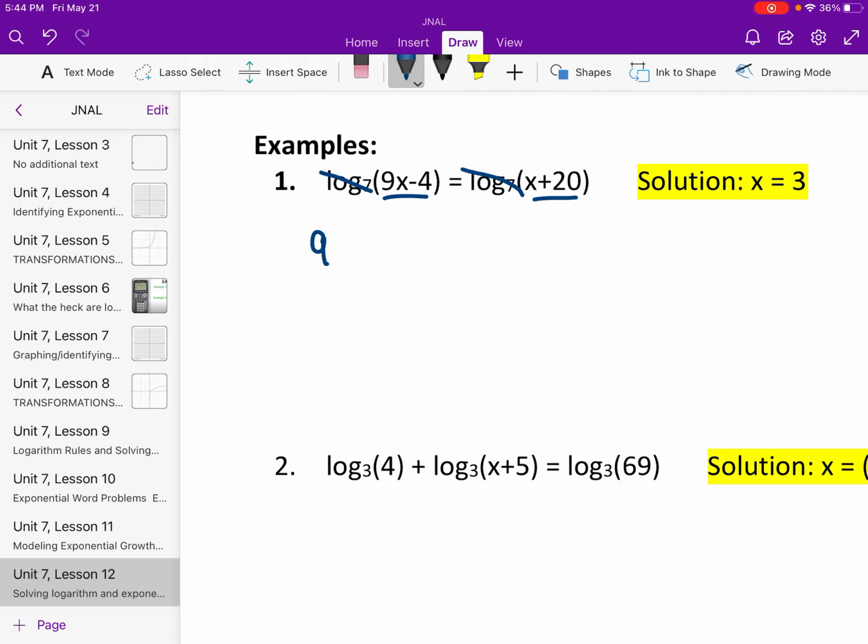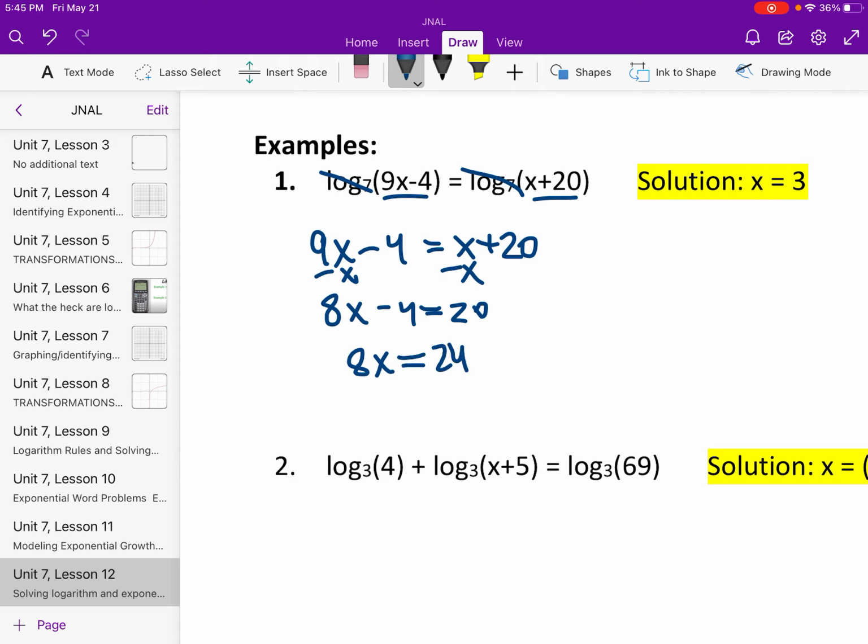So now we have 9x minus 4 equals x plus 20. Subtract the x from here, and you get 8x minus 4 equals 20. Add 4 to both sides, and you get 8x equals 24. Divide by 8, and you get x is 3. So I did that right, because that's what that says.